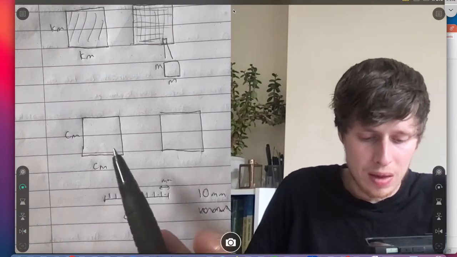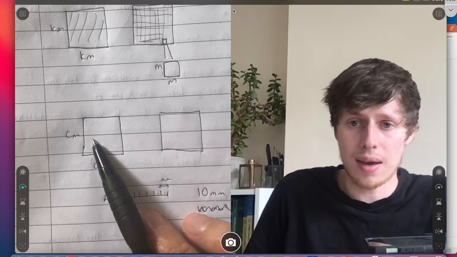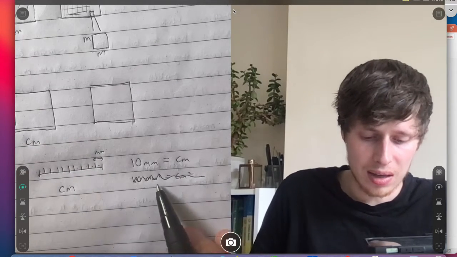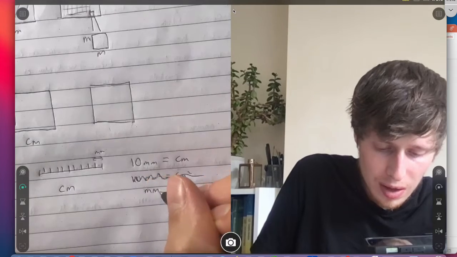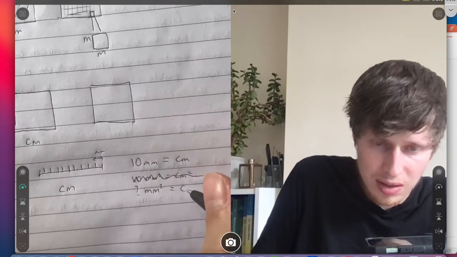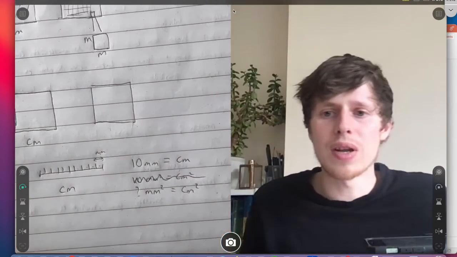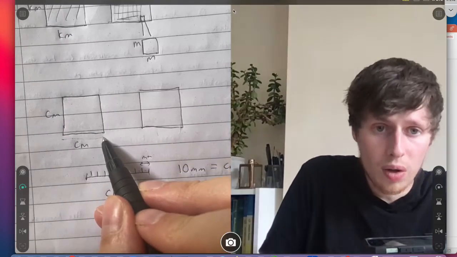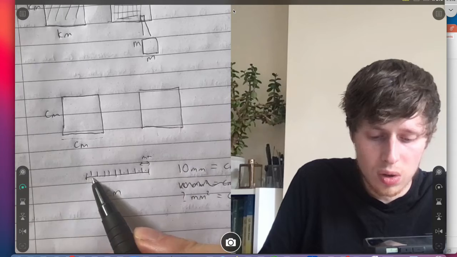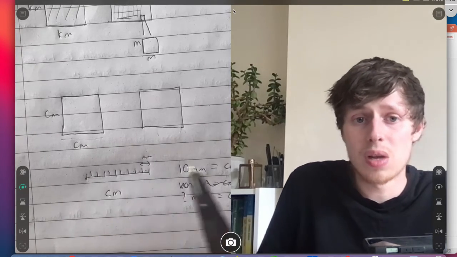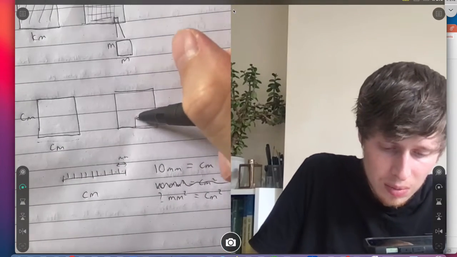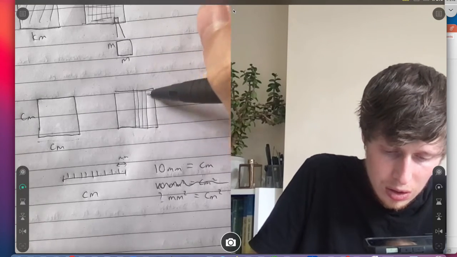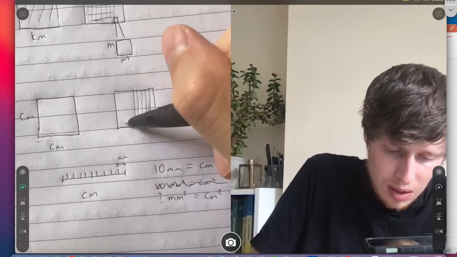Anyway, in a centimeter square, let's think about how many millimeter squares fit in. How many millimeters squared fit into a centimeter squared? Well, this length here is 1 centimeter long, and as I said, this 1 centimeter is going to have 10 millimeters in it. So I'm going to divide this into 10 strips.